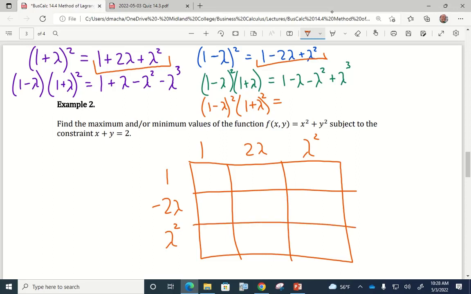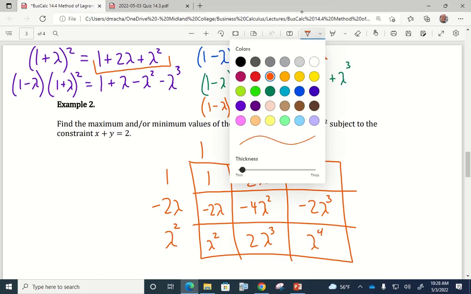And 1 times 1 is 1, 1 times 2 lambda is 2 lambda, is lambda squared. 1 times negative 2 lambda is negative 2 lambda. This is going to be negative 4 lambda squared. This one's going to be negative 2 lambda cubed. This is lambda squared, 2 lambda cubed, and lambda to the 4th. So a few of these things are going to cancel.